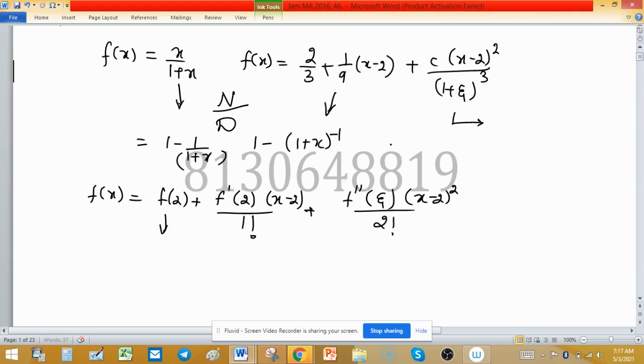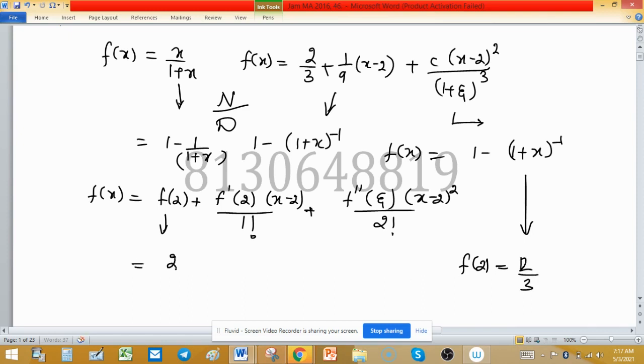So you need the values of f(2), f dash(2), and f double prime(xi). As the function f(x) is 1 minus (1 plus x) raised to the power minus 1, f(2) will be 1 minus 1 upon 3, or simply 2 upon 3.